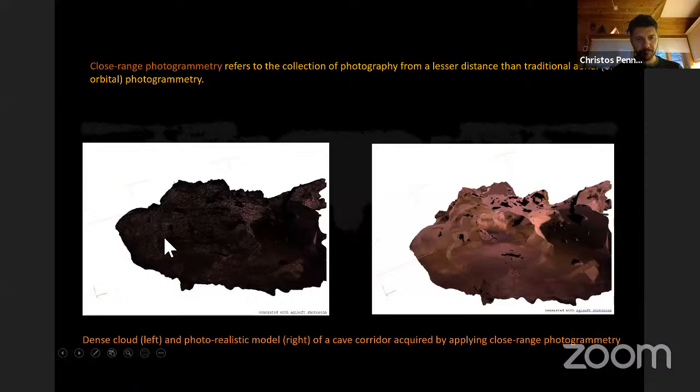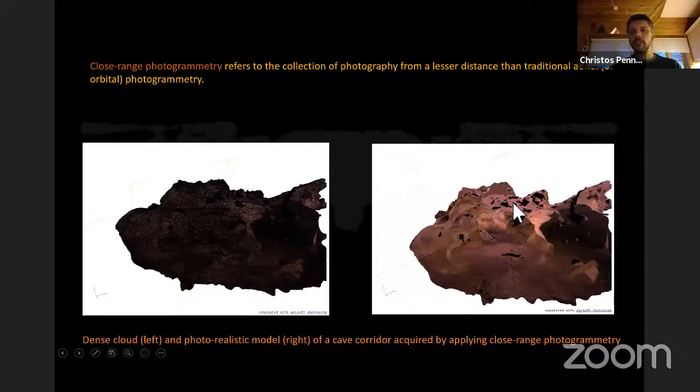Here in the left part of your screens, you can see a dense cloud. It means the raw data that the software produced from the pictures that I took and gave as input to the software. It generates these pixels into a cloud, a dense cloud, where here you can see the photorealistic model of a cave corridor.